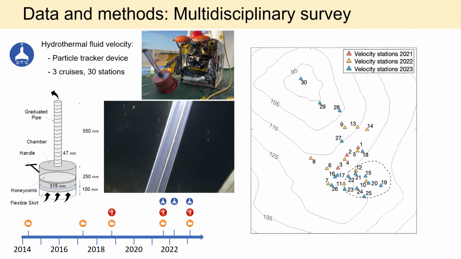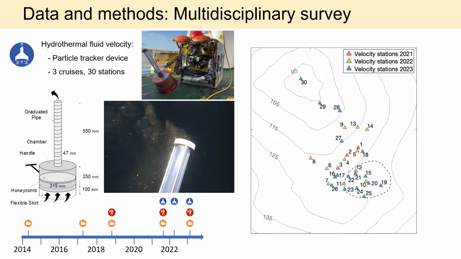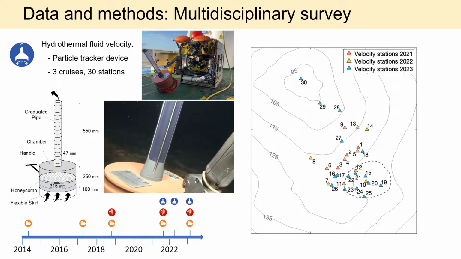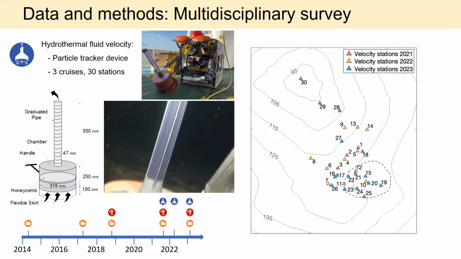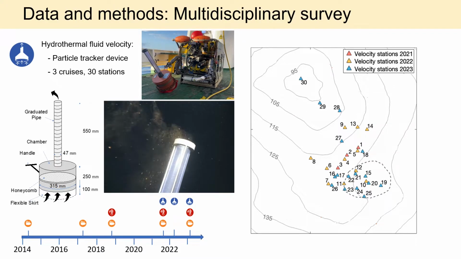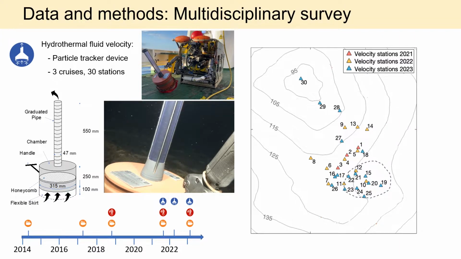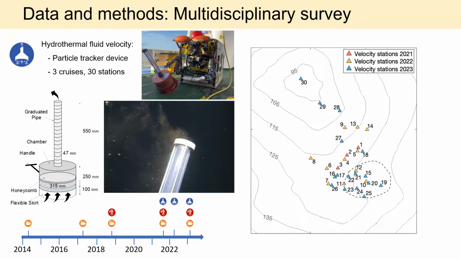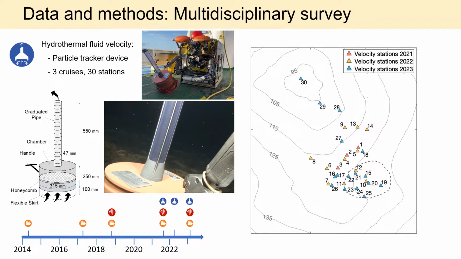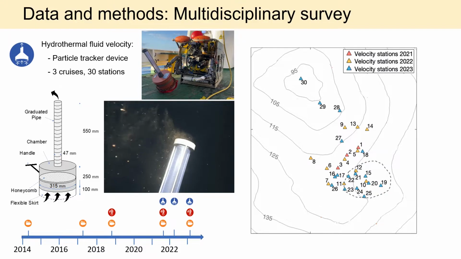So once we see an area of interest, we put it on the floor, and the fluid goes up through this base chamber, up to this transparent ungraduated pipe, and we observe all the particles going up along this tube, and that's what we use to measure the velocity of the hydrothermal fluid.